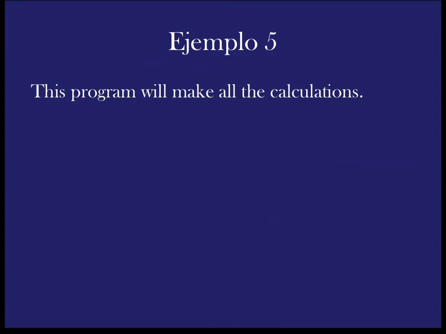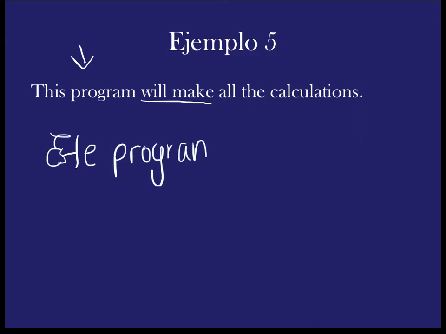Let's do a couple more examples to make sure you have the hang of not just the future tense, but the irregular forms of the future tense. Ejemplo 5. This program will make all the calculations. In this case, we're going to underline "will make." This program, este programa, we can kind of in our heads when we go to conjugate replace with él.